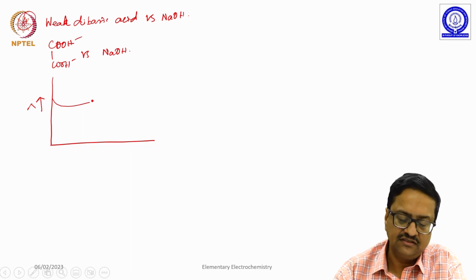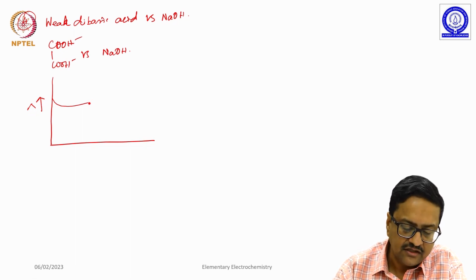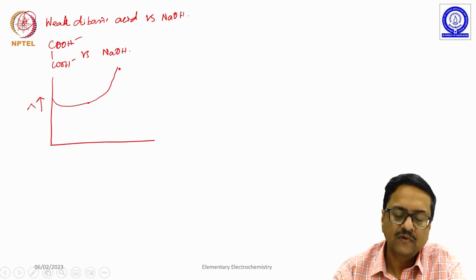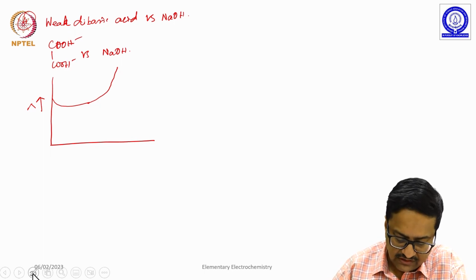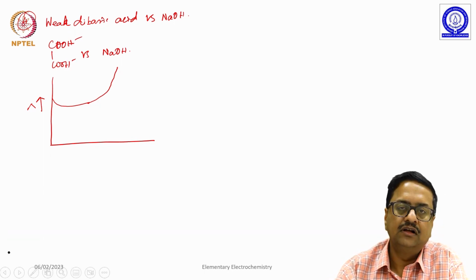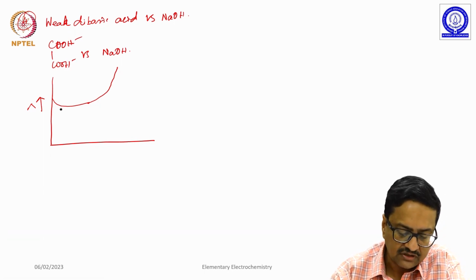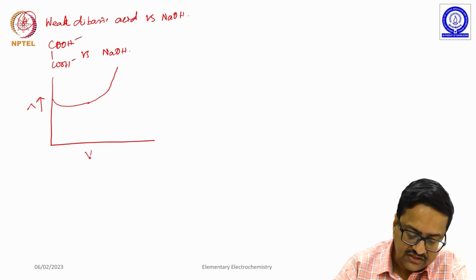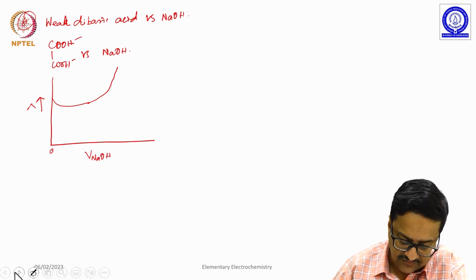After the first neutralization has taken place, the curve will bend a little bit, and then when it is over with NaOH, it will go up. So if you get a graph like this, I think I should write volume of NaOH here, and it is 0 volume of NaOH.